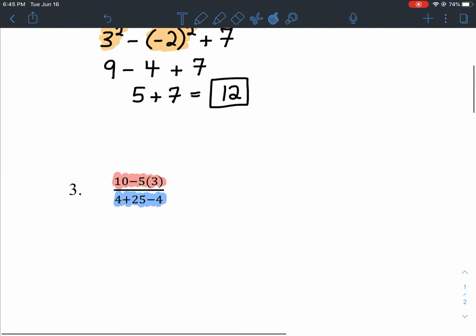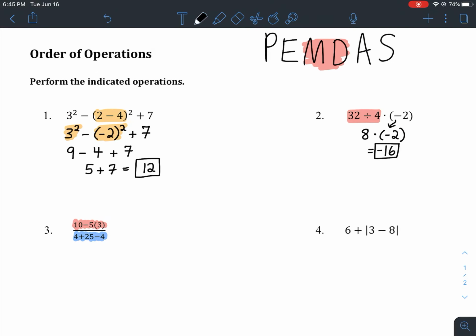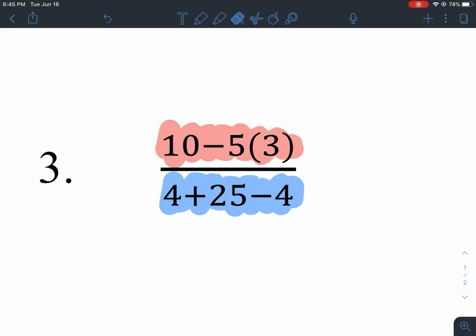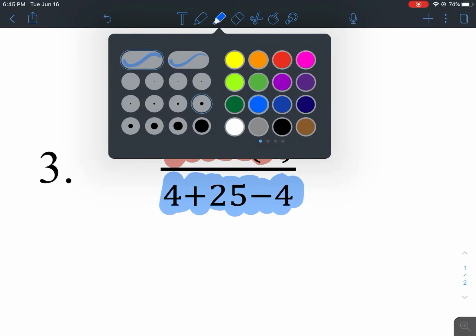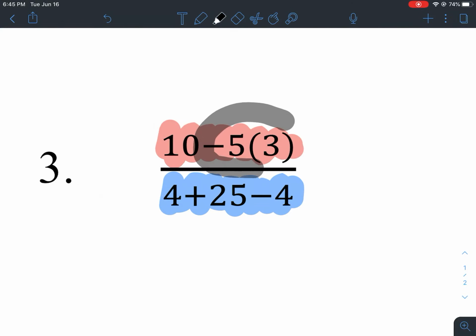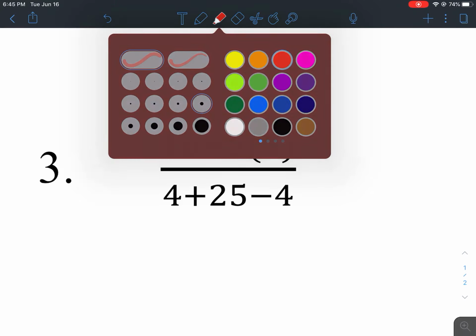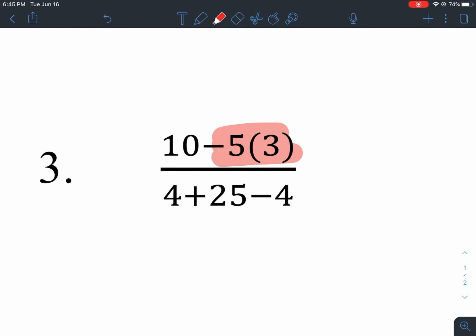If we refer to PEMDAS here, we notice that multiplication and division come before addition and subtraction. So we're actually going to do this multiplication here of negative 5 times 3 first. So negative 5 times 3 would be negative 15.